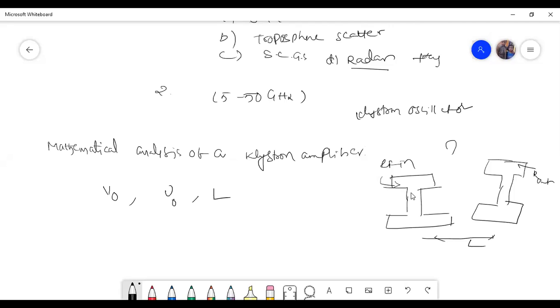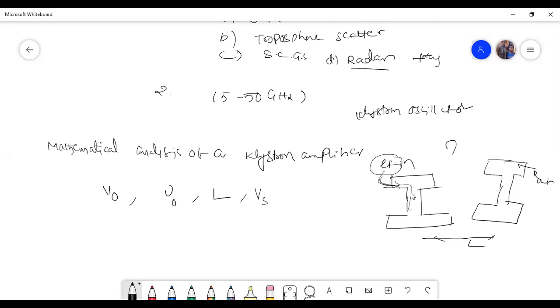And here you have to apply the RF signal, passed through the input cavity or buncher cavity. I want to assume that the RF signal is Vs. So finally, capital V0 is the DC voltage, Vs is the RF signal, L is the drift space length, and v0 is the velocity of the electron.